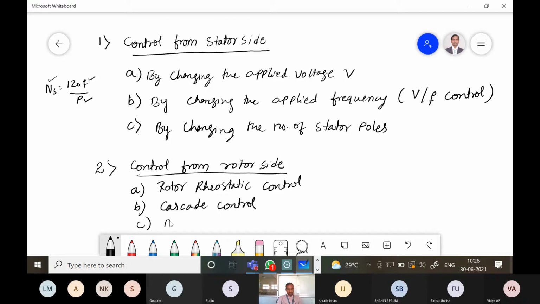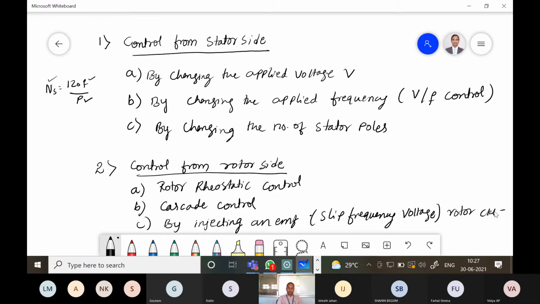Third, by injecting an EMF, called the slip frequency voltage, into the rotor circuit. So these are the types of speed control of three-phase induction motor.